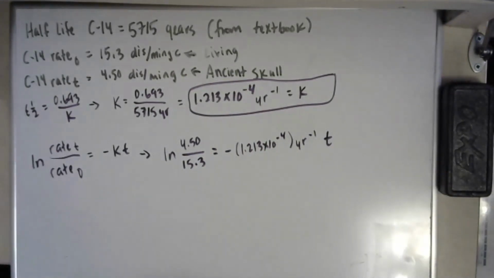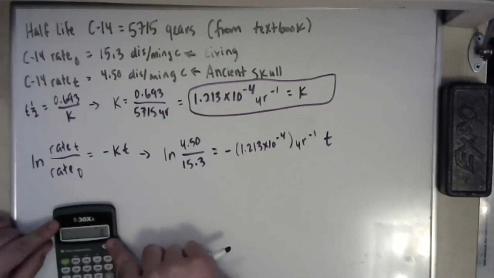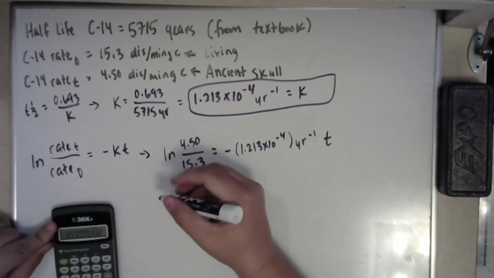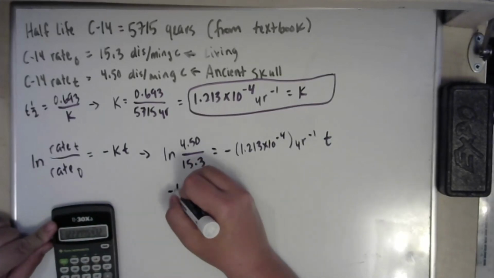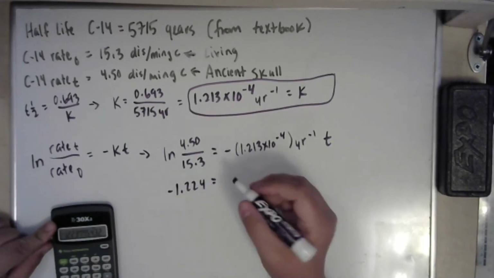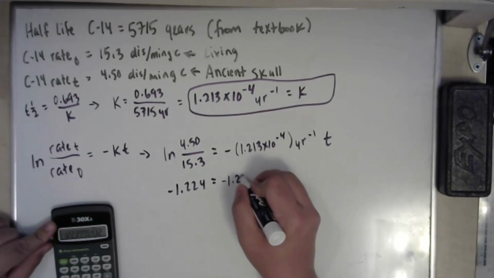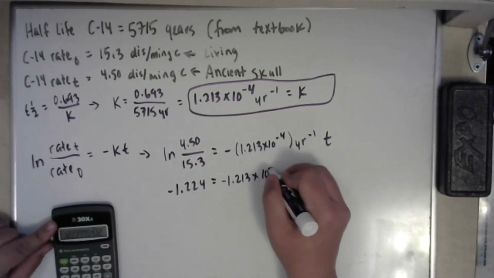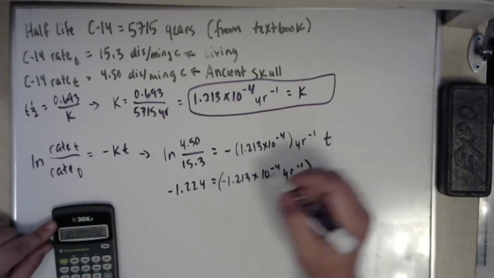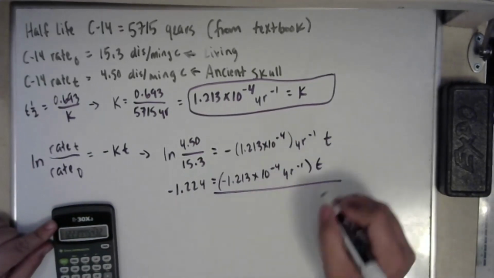Okay, so let's do that. 4.5 divided by 15.3, ln. So we're going to have negative 1.224. Okay, now we're going to divide both sides by k.